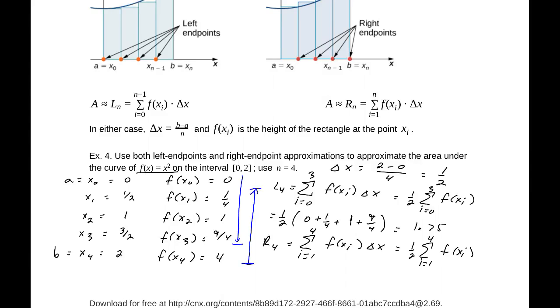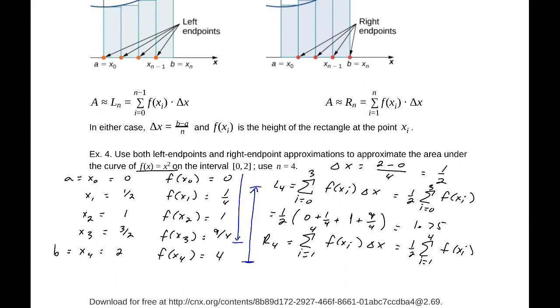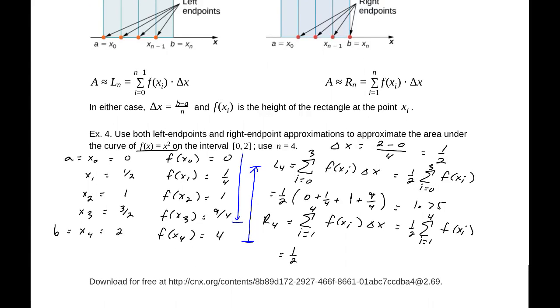From the right, we're going to go from b backwards and stop 1 before the end. For the left endpoints, we'll start at 0 and move until the other end. So we'll add up those function values: 1/4 plus 1 plus 9/4 plus 4. And that area is 3.75.